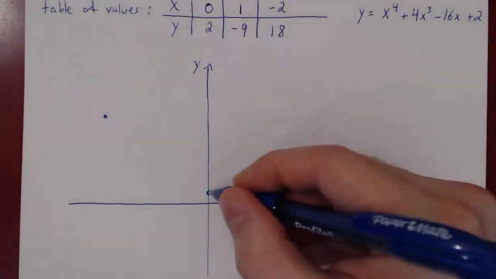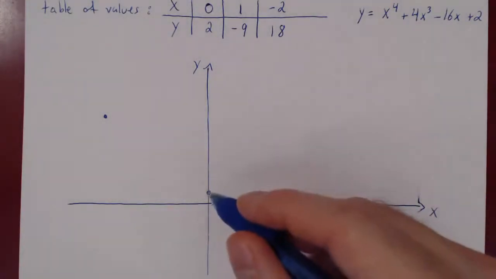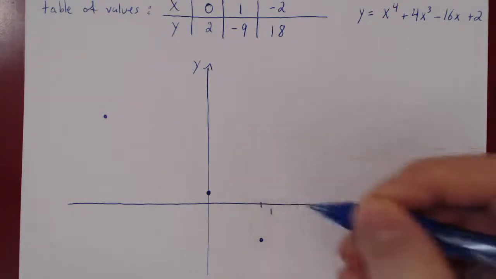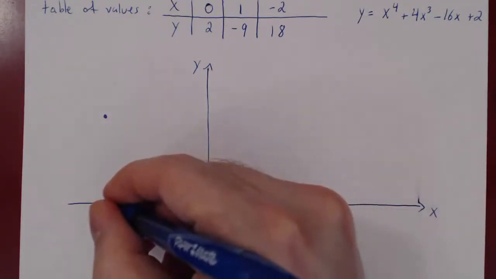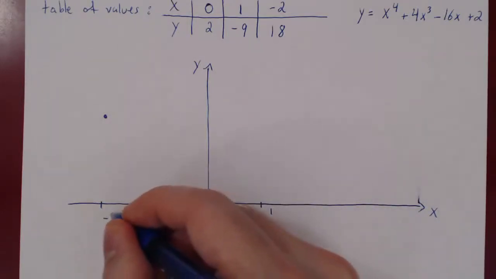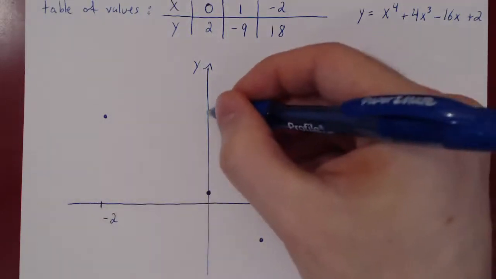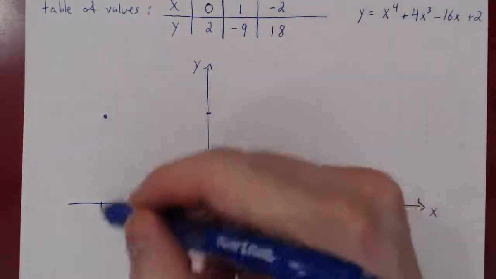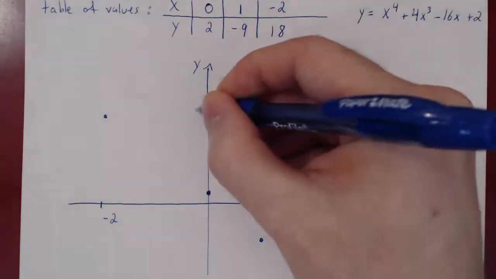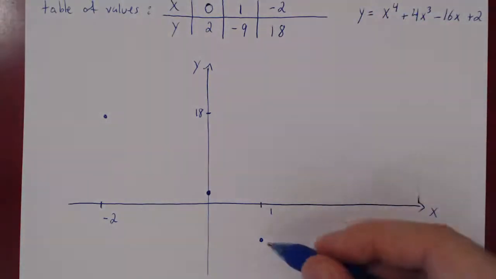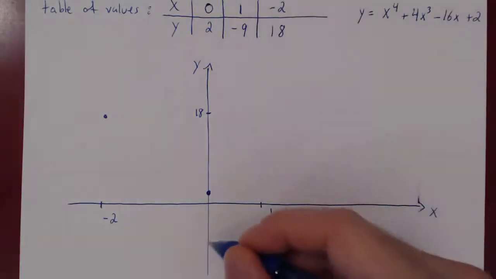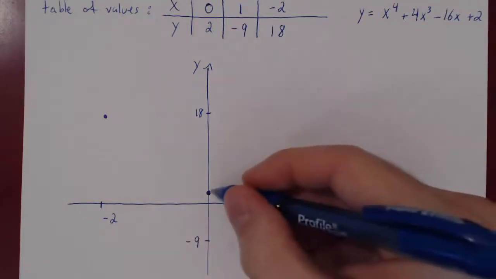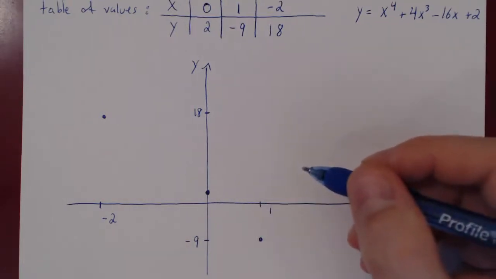Afterward, we'll write a 2 here. This is x equals 1, and this is x equals negative 2. This is y equals 18, and this is y equals negative 9.